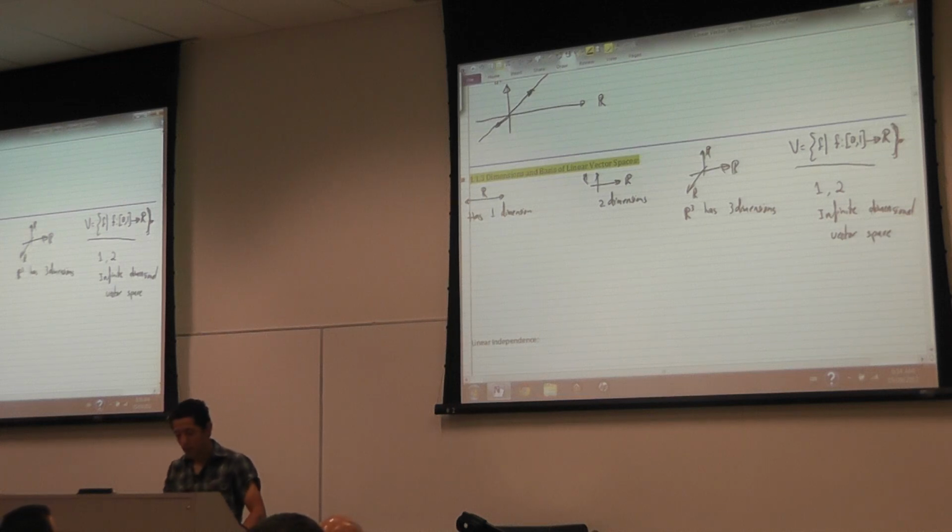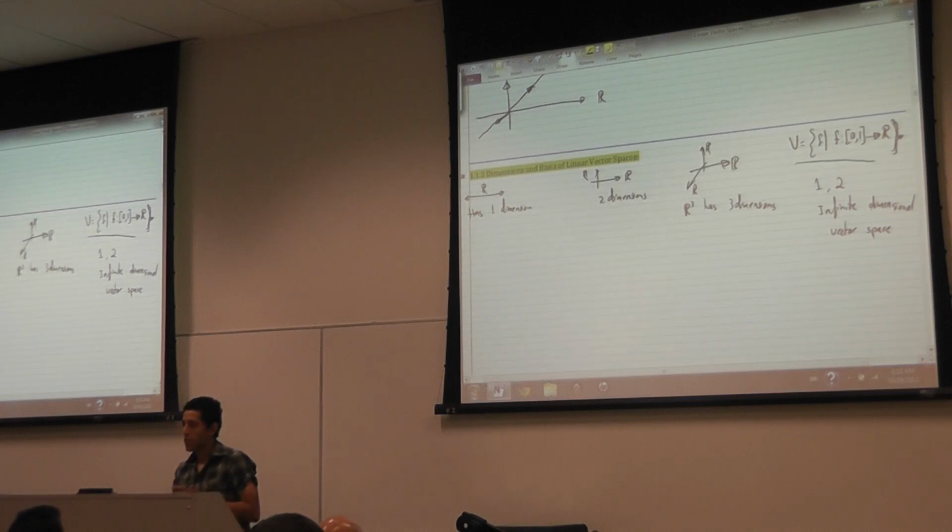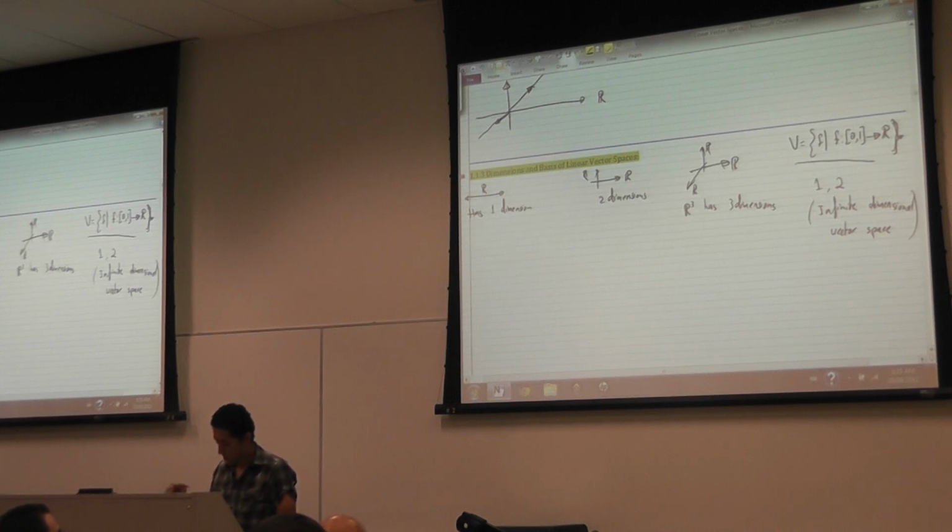And that's perhaps why it's important to understand what the dimension of a vector space is. So let's try to intuitively see why this is one dimension, 2, 3, and infinite dimension. Here, any vector is represented by one real number. Here, any vector is represented by 2 real numbers.